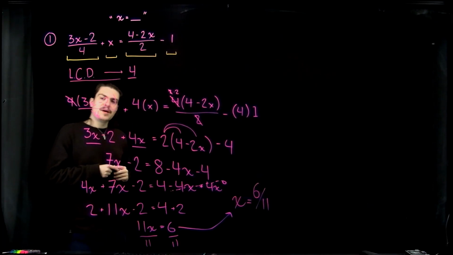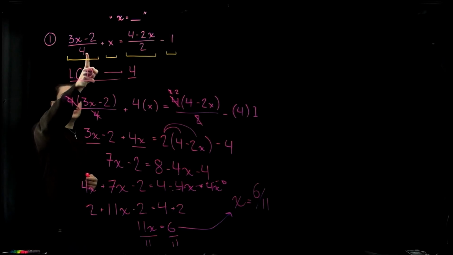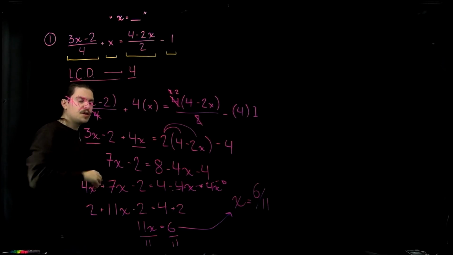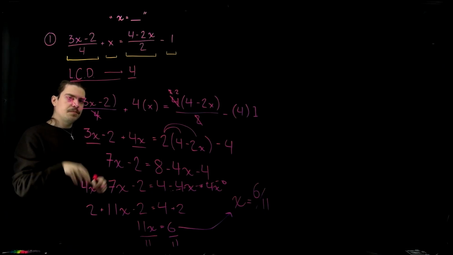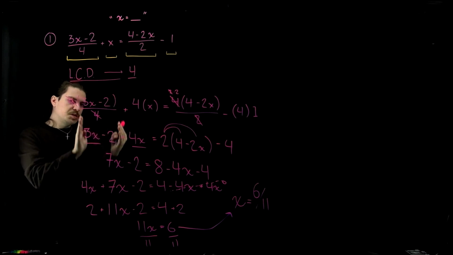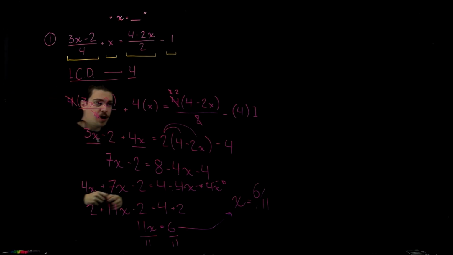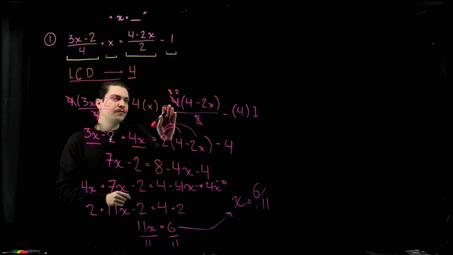Right? The key thing to remember here is that we need to find the lowest common denominator that allows us to get rid of all of these things in the denominator. And when we do, we have to remember that sometimes it'll factor completely, right? When we're just left with this expression here. But other times, for example here, the 4 did not fully factor.